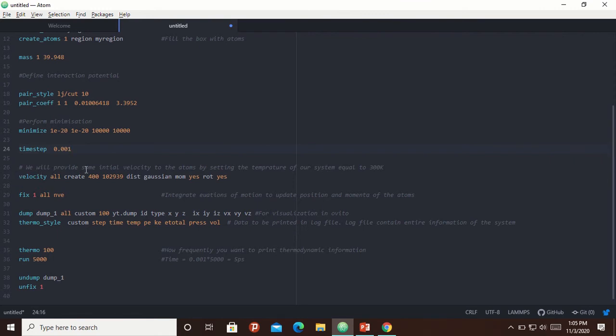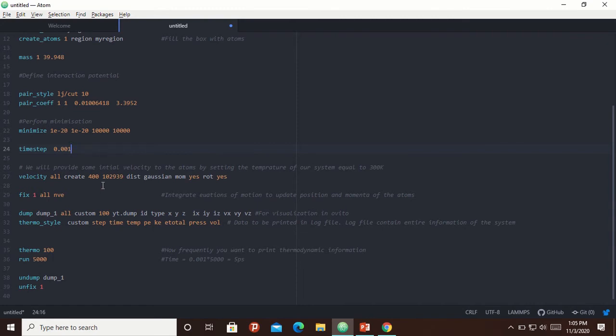Okay, now we have filled the atoms in the simulation box. We have also defined the interaction potential, that is how our atoms are going to interact with each other. Now our atoms are not moving.